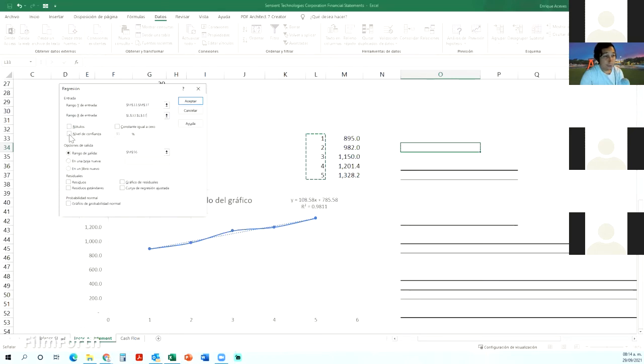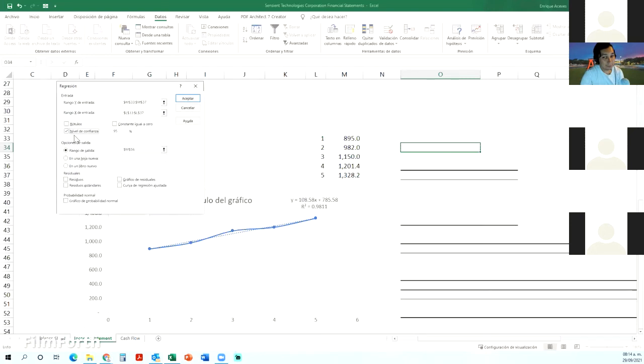So remember what I told you, the R2 factor is the level of confidence. It means that it has that level of accuracy. So you can play with it. You can go with 99% level of accuracy, leave it that way. 95% is a good level of accuracy.